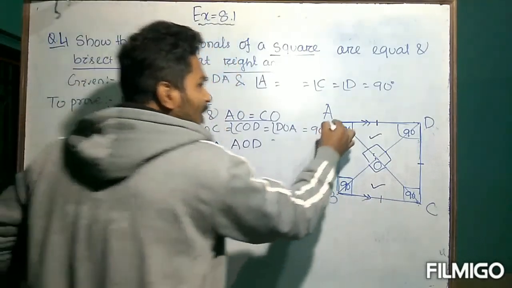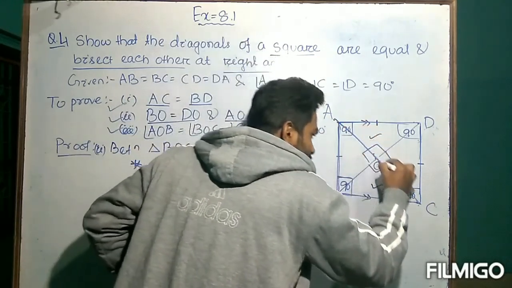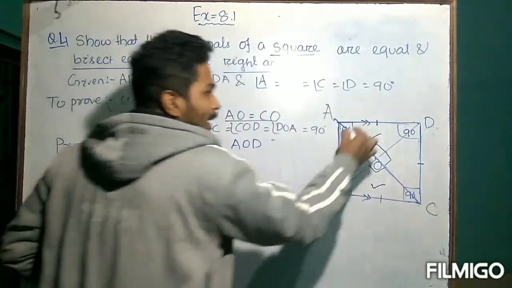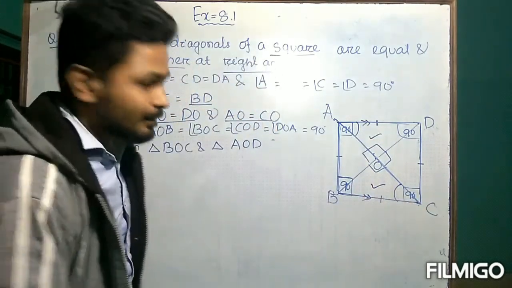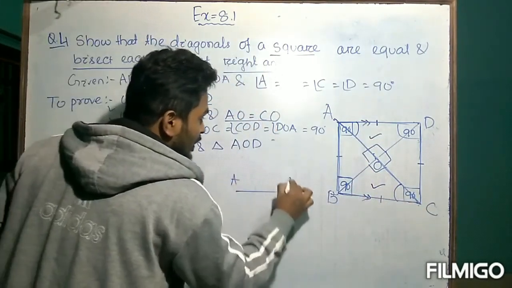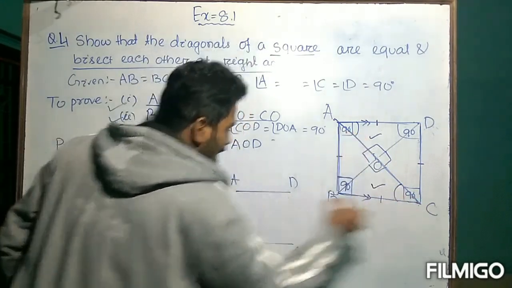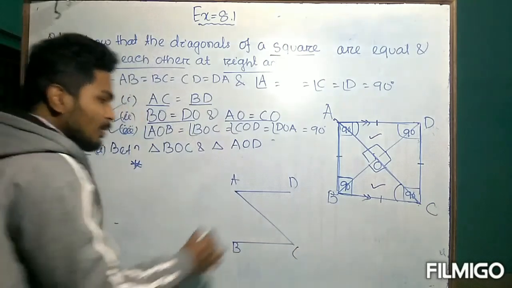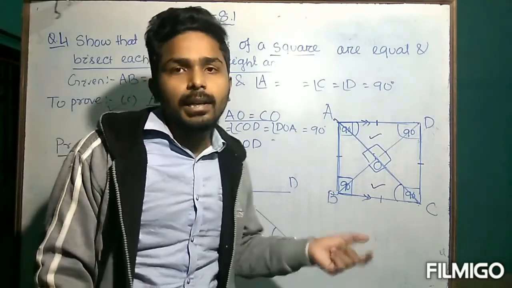Done. So if AD and BC are two parallel lines, and this is the transversal line, then can we say these two angles are equal? This is AD, and this is BC, and AC is the transversal line. Then can we say this angle is equal to this angle? Yes, we can say, because they are alternate interior angles.